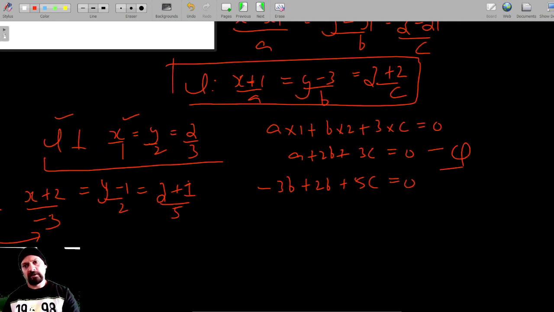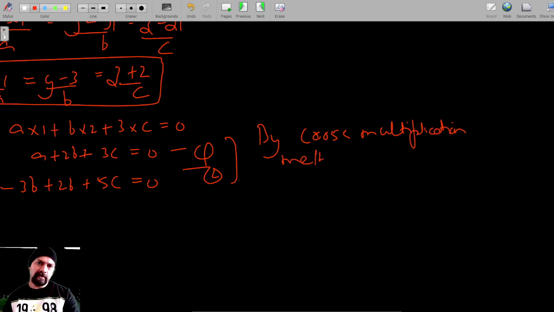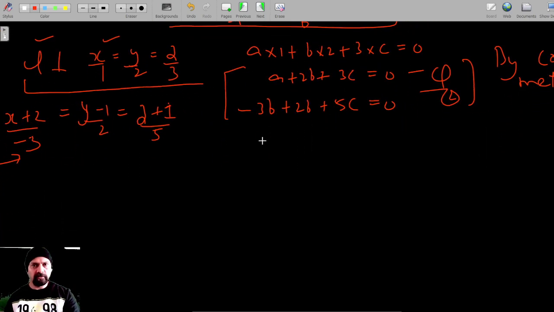Let's try to solve these equations by the cross multiplication method. These equations have the variables a, b, and c. So this is a, b, and c. Hide the a terms, which gives me 10 minus 6 is equal to b.